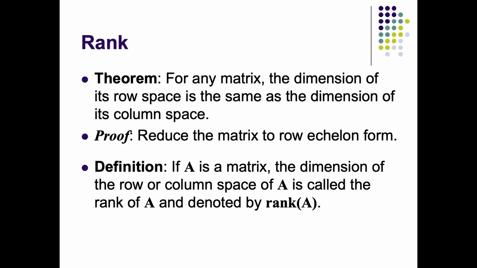Some rows in the bottom may be all zero. And above that are non-zero rows. And those non-zero rows have leading ones, right? And with those leading ones, if you want, you can further eliminate the elements above them. So in other words, they are guaranteed to be linearly independent.